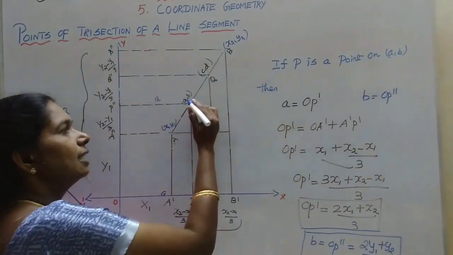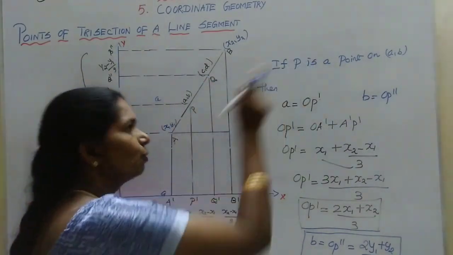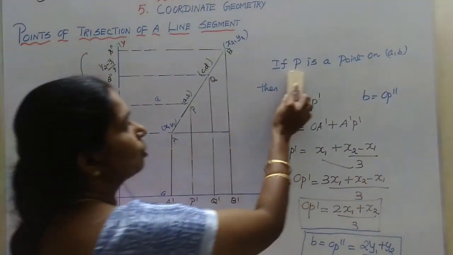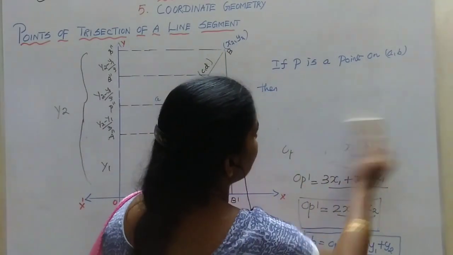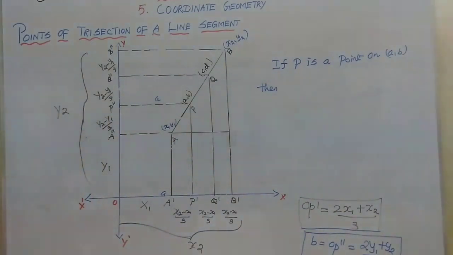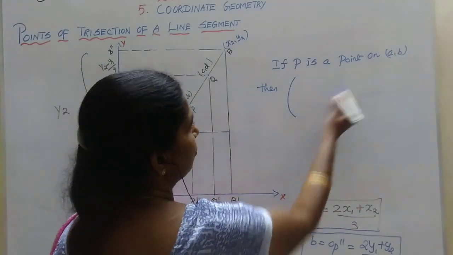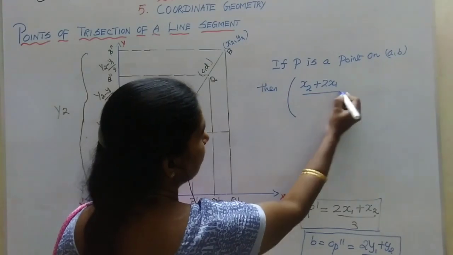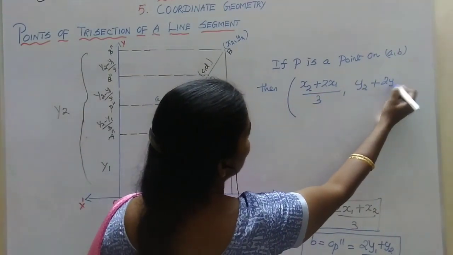If we are considering the point P, because we are having 2 points of trisection, then if you are considering Q, what is the formula? So here if P is a point on A comma B, then here for A you write x2 plus 2x1 by 3 comma y2 plus 2y1 by 3.